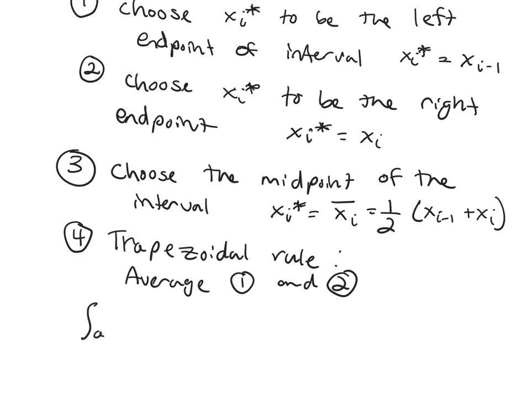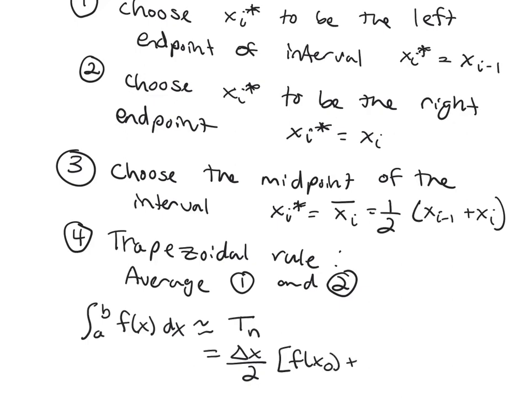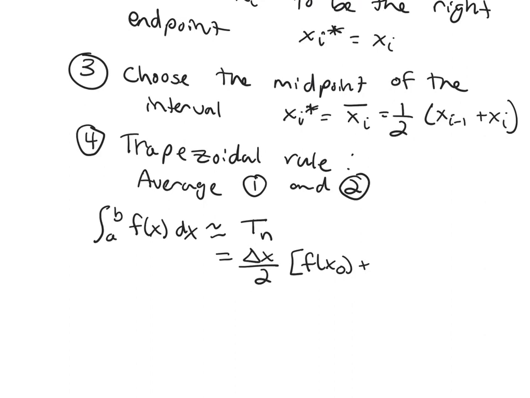So the trapezoidal rule says my integral is approximately Tn, which I'm going to tell you is delta x over 2, and I'm just going to give you the formula. f of x naught plus 2 f of x1 plus 2 f of x2, and so on.